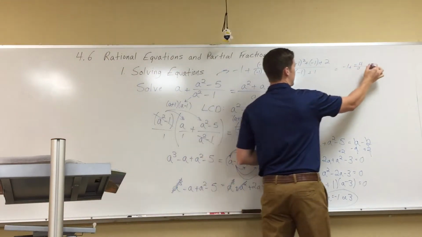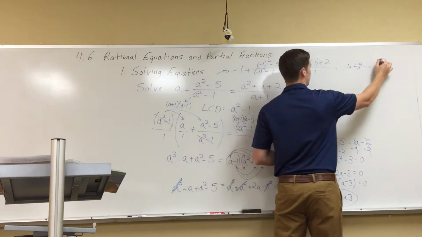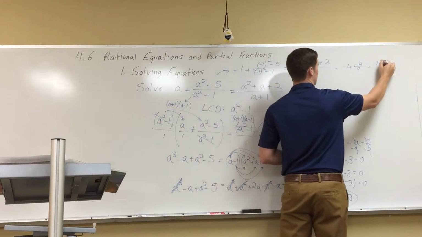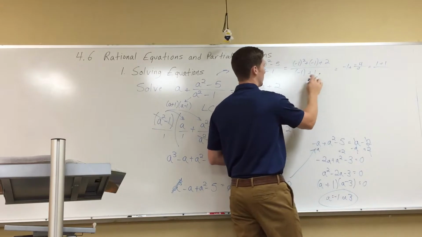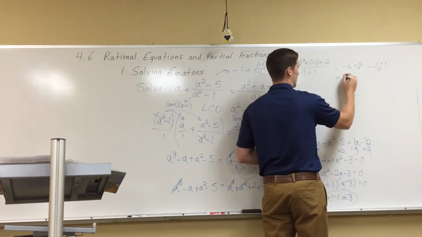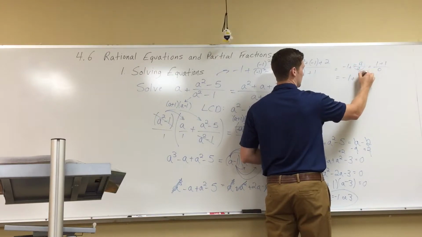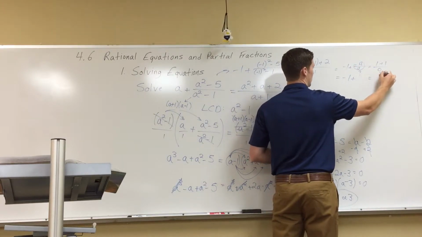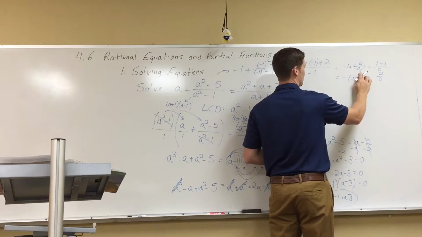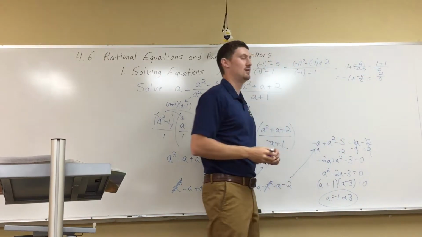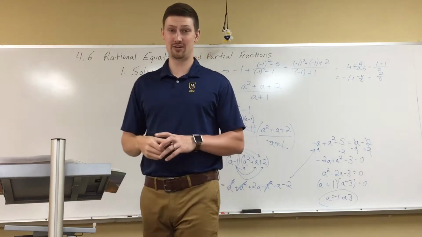Negative 1 squared is positive 1. Minus 1 plus 2 is a plus 1 over 0. Negative 1 plus what is that? Over 1 plus 1 over 0. Negative 4 over 0 and 2 over 0.